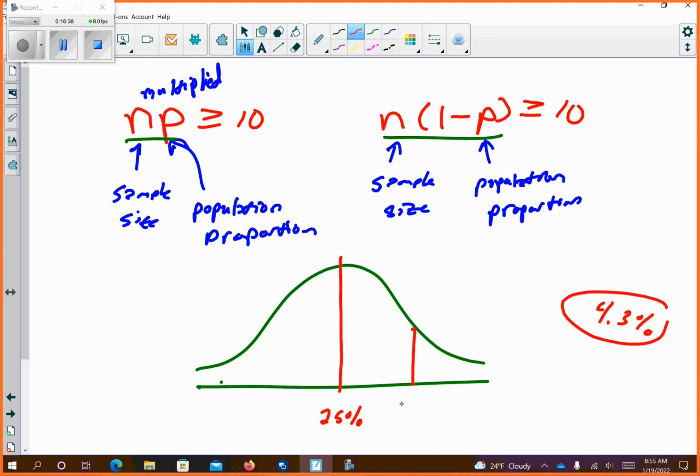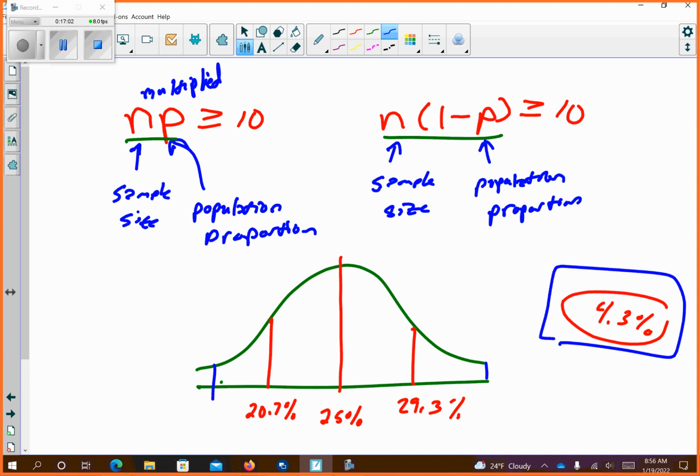So this goes to 29.3% for 1 standard deviation that way, and subtracting 4.3 goes to 20.7%. Those are written as percentages; you could write them as decimals as well. You could go up further, add another 4.3, subtract another 4.3, keep going. That's how your normal distribution would start taking place.